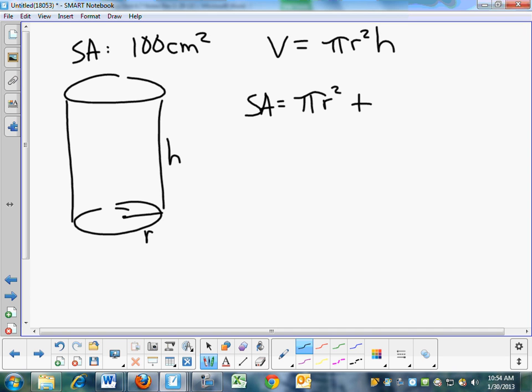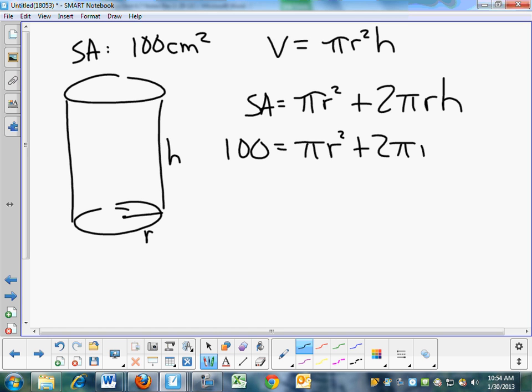Now, the area of this label is the circumference times the height, because you got to wrap it around. That's the circumference, 2 pi r, times the height. So 100 equals pi r squared plus 2 pi rh.